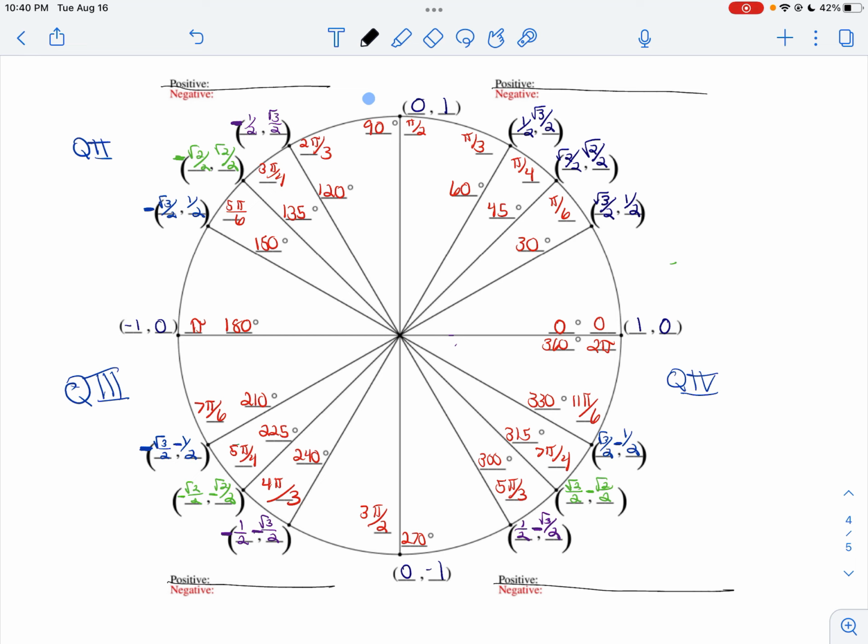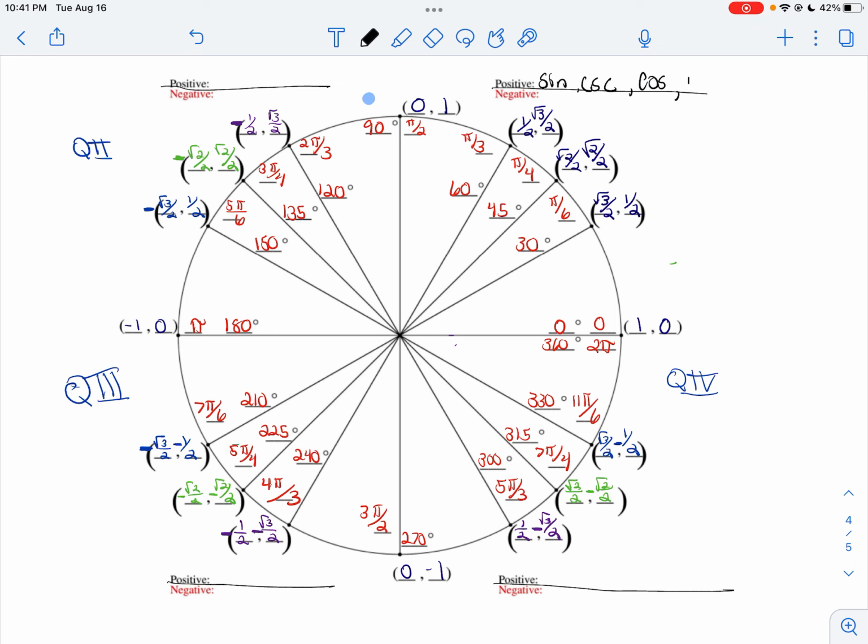So if I'm in quadrant 1, my x is positive and my y is positive. So that means sine is positive. And if sine is positive, when I flip sine over, I get cosecant, so it must also be positive. And since my x is positive, that means cosine must be positive.